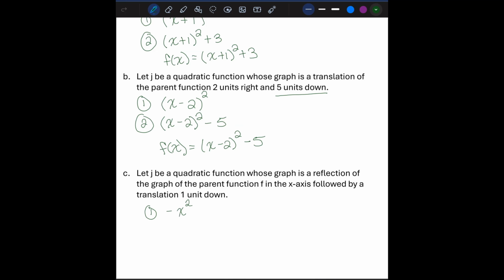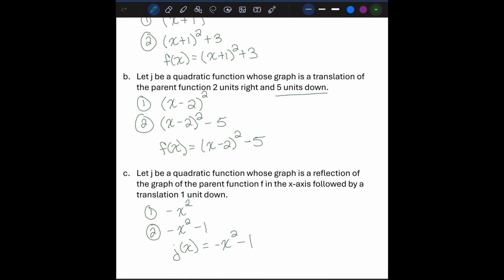So we do that first. Then it says we have to go 1 unit down. So the second thing we do is we take our entire function and we subtract 1. And I have been reading these as j and then writing them as f. So this is j of x equals negative x squared minus 1.